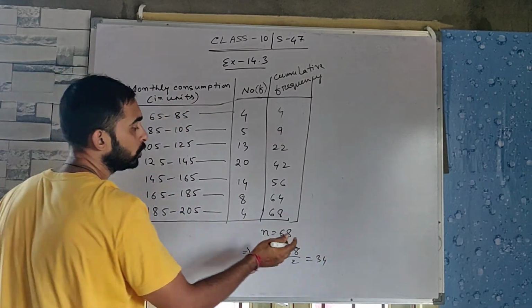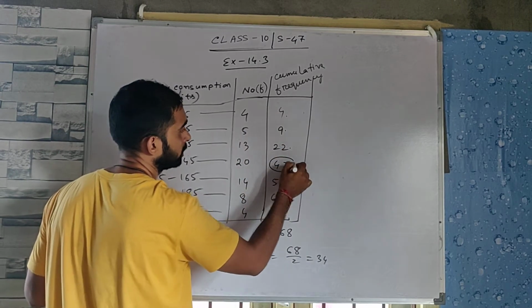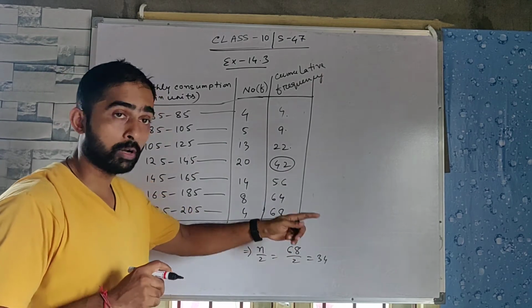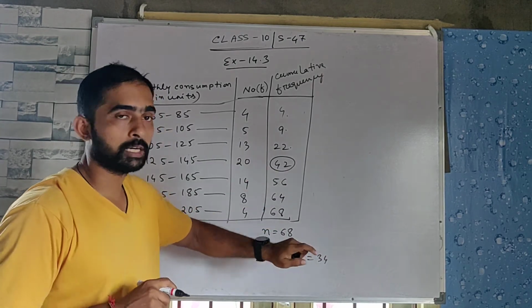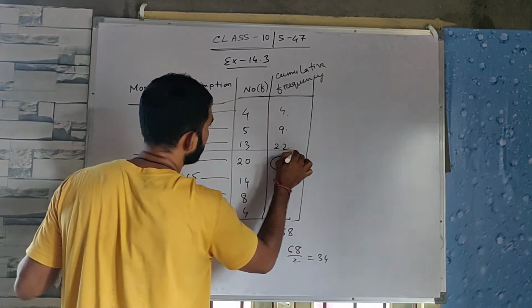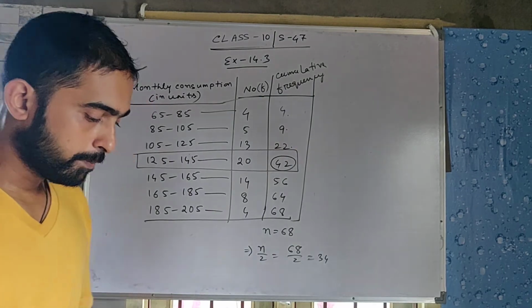So find out which one is more than or equal to 34. This value is more than 34, but this one is less than 34, so we can't take this number. So this will be the median class.